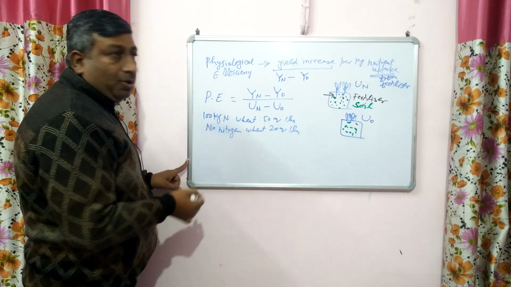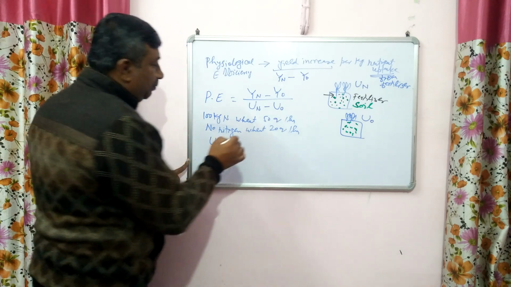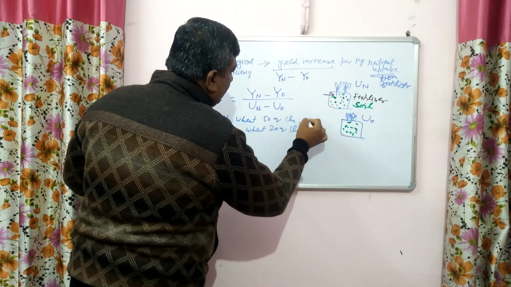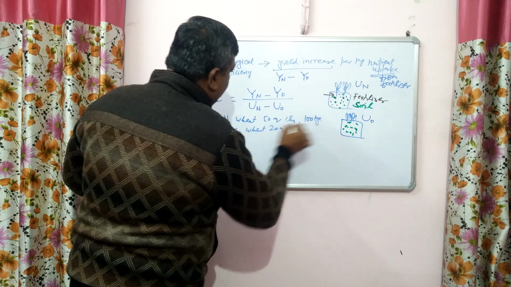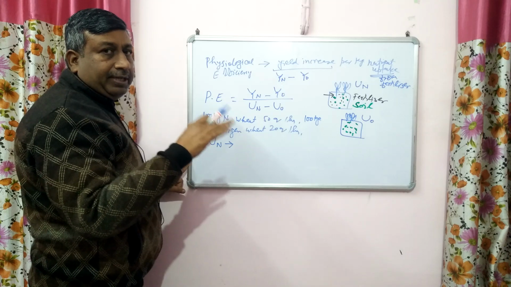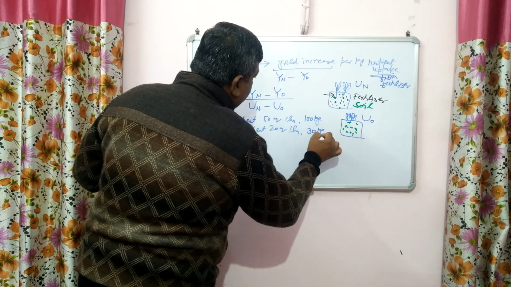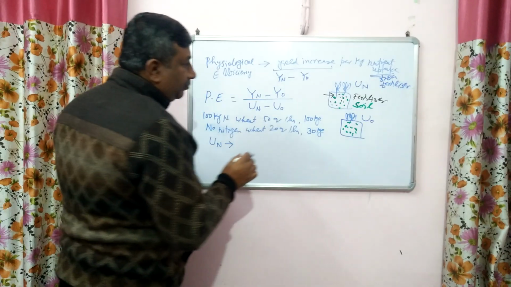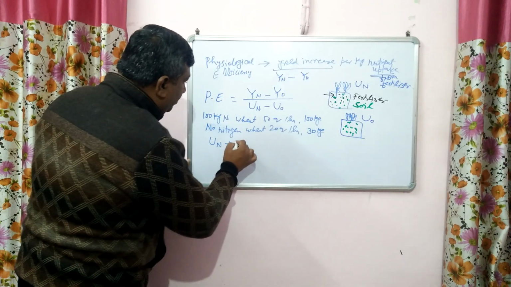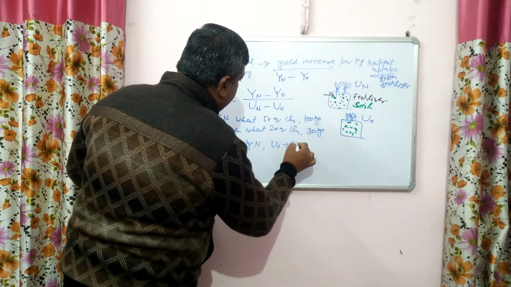Now we have to consider what is the nutrient uptake. Suppose nutrient uptake in the fertilized plot is 100 kg, and when we apply no fertilizer, the crop is totally dependent on soil contribution, soil nitrogen, suppose it is 30 kg. Now UN is equal to 100 kg nitrogen and U0 is 30 kg nitrogen.